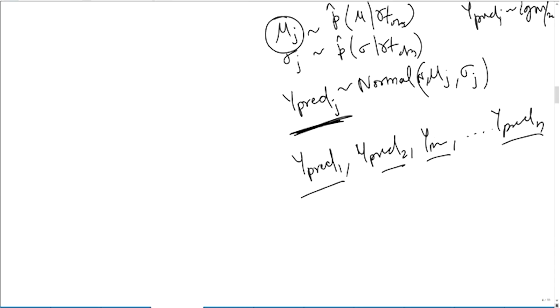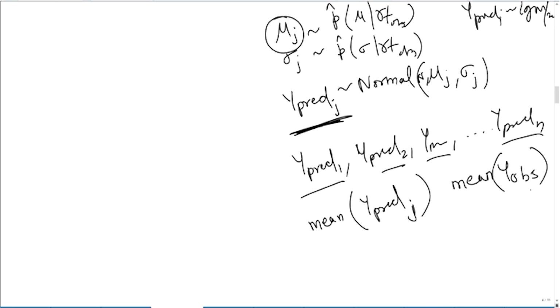Now you want to compare whether certain properties of the observed data are not captured by your predicted data. In order to do that, you can calculate certain test statistics or summary statistics of your predicted data. So let's say you calculated the mean of all these samples, ypred 1, ypred 2, and compared the distribution of these means against the mean of the observed data.